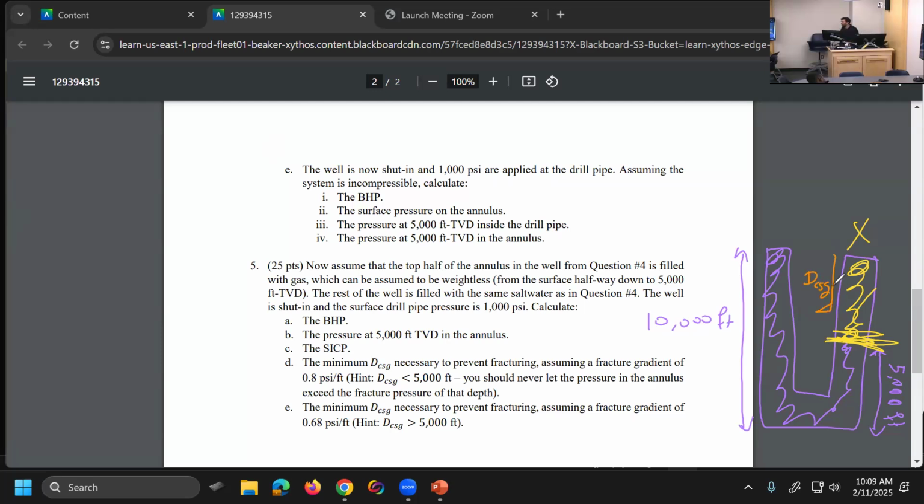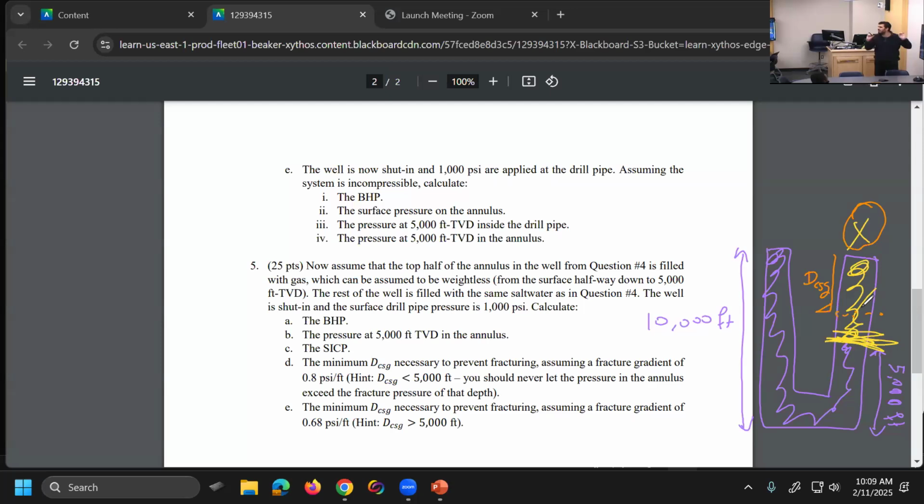Okay. Now, I know the pressure here. And I know the pressure here. I want to write an equation where DCSG is the unknown, and the DCSG times the frac gradient would be basically equal to the pressure here.